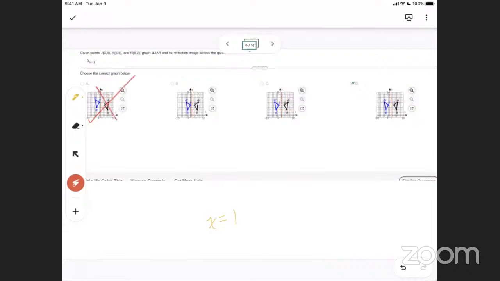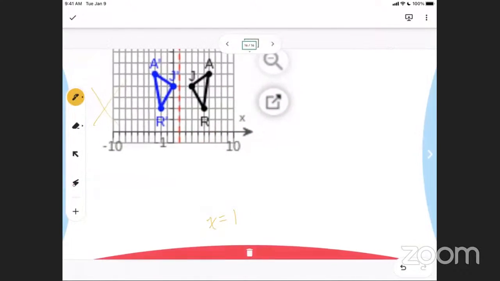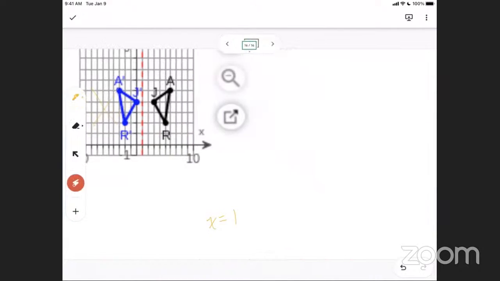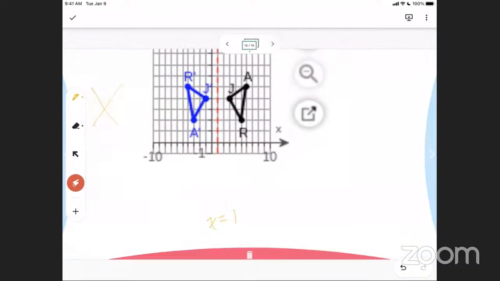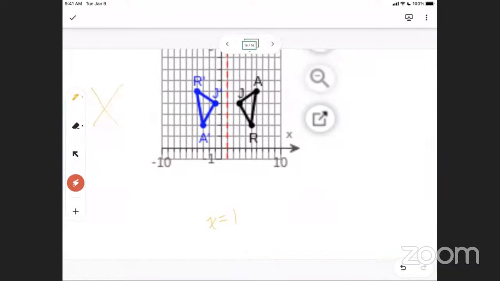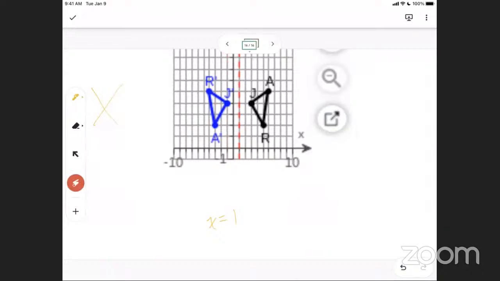So it's not A, because you see how A is kind of shifted up a little bit. The other three, it's kind of hard for me to tell. I'm gonna zoom in on them. Okay, it's not that one. It's not B, because you see how this is closer than that. So it's not B. That could be right, because see how this distance right here looks like the same as that distance, and this distance looks like the same as that.